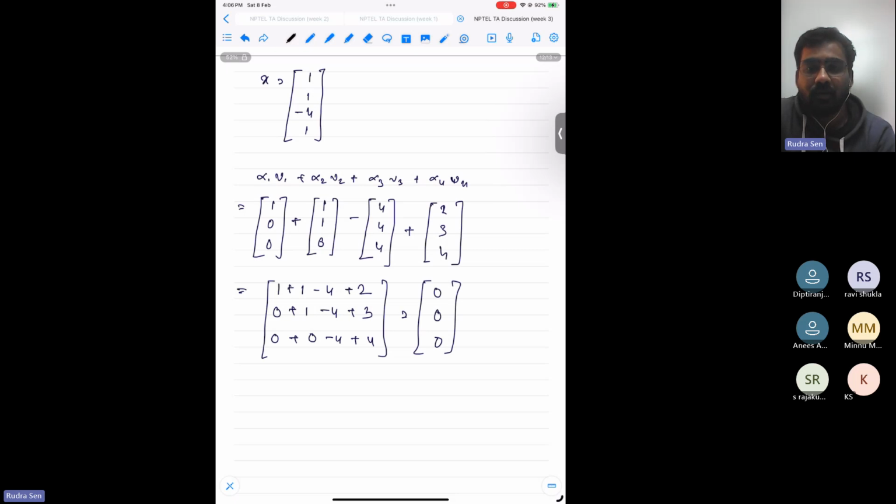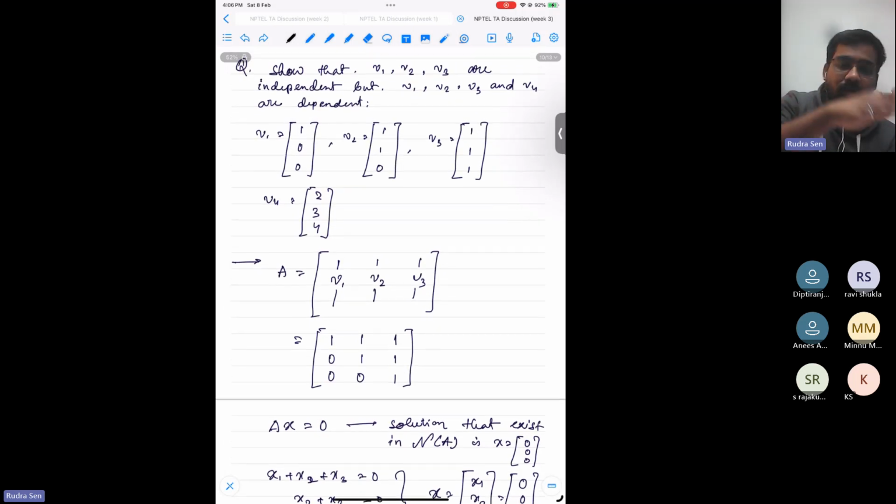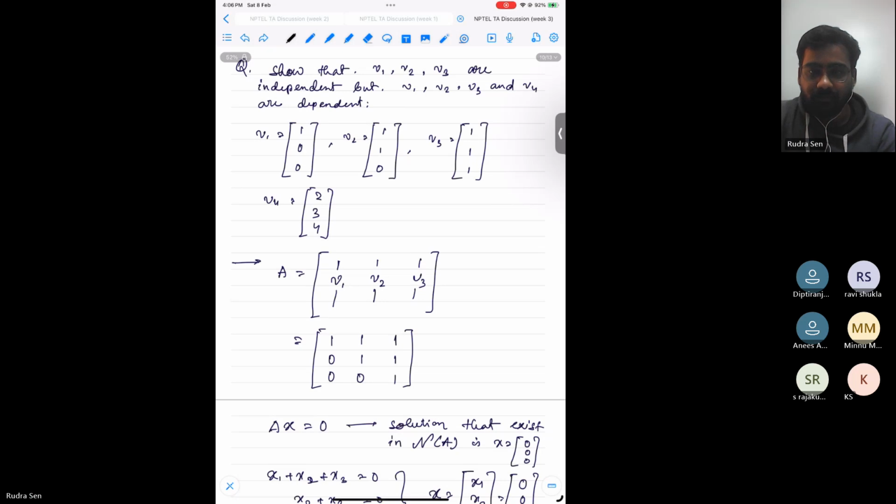Okay. So similar to the previous case, where the question was in the R2 plane, here in the R3 plane, four vectors can't be linearly independent.